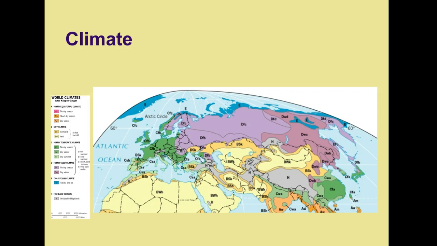And again, this is going to be the dominant condition of much of Russia, although you will notice that there are some semi-arid conditions in the southern parts of Russia, and then also in the western parts we'll see a little bit of these milder humid temperate climates, your C climates, but for the most part we're going to see D climates dominating, humid continental conditions.